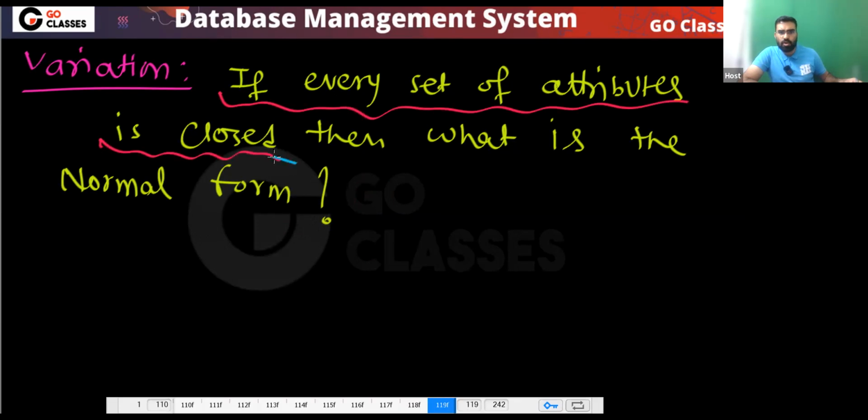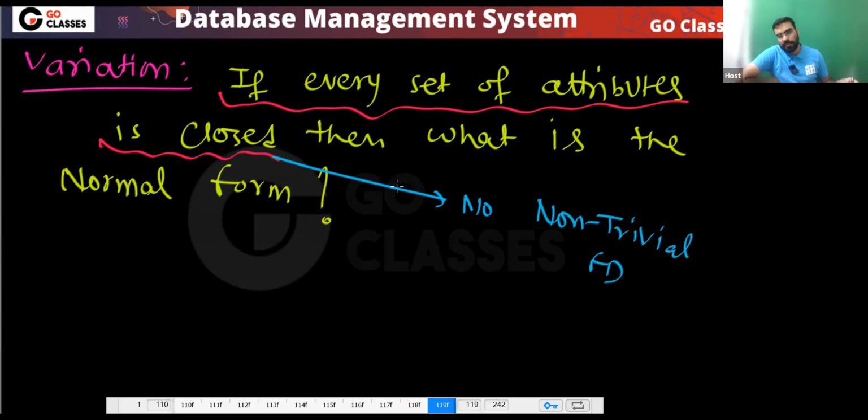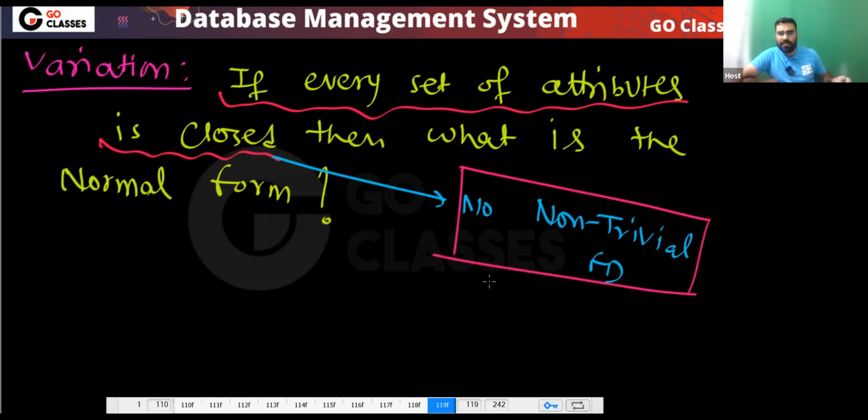If there is no non-trivial FD, can BCNF be violated? BCNF can never be violated. So definitely the normal form will be BCNF.